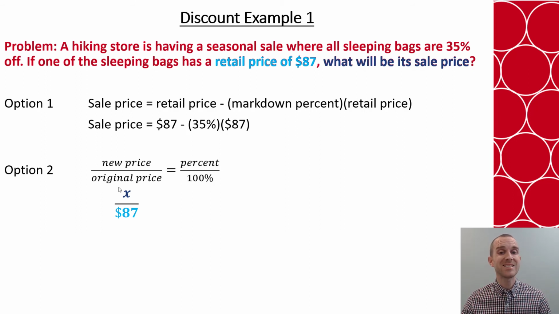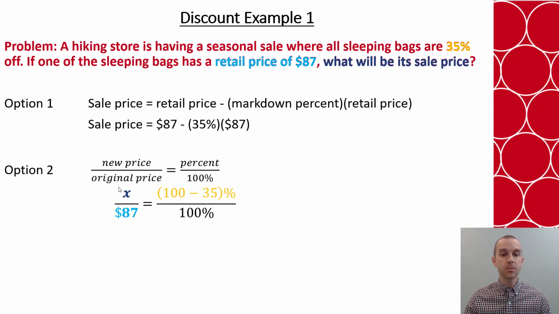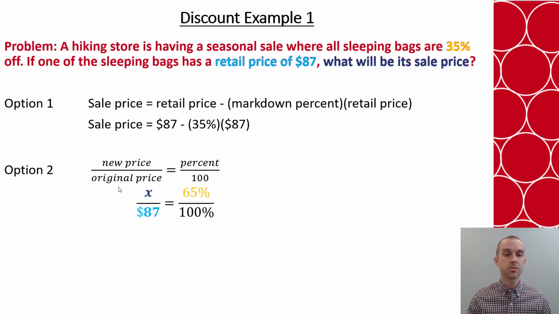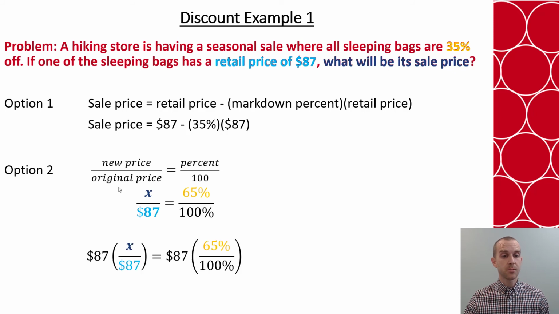Yes, but it's a discount, which means I'm decreasing from 100, and that's the key part to remember. I'm subtracting the 35% from 100. So that means that the sale price is 65% of the original price. Now I can cross multiply and divide, or I can say multiply both sides by 87.